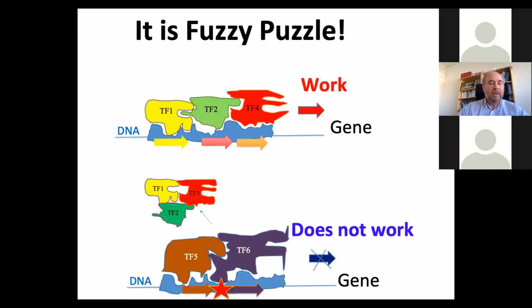And we come to this concept of a fuzzy puzzle. Since this binding is not very exact, one mutation in a place can distort the whole region, and the complex of factors can be substituted by another complex of factors, which would drastically change the expression of the gene.